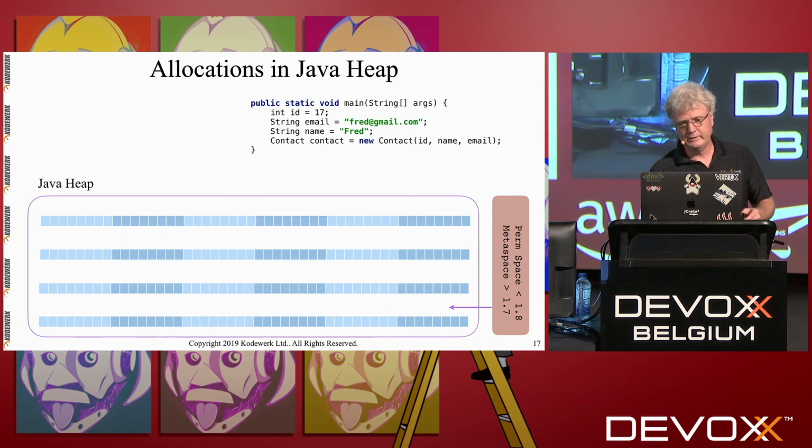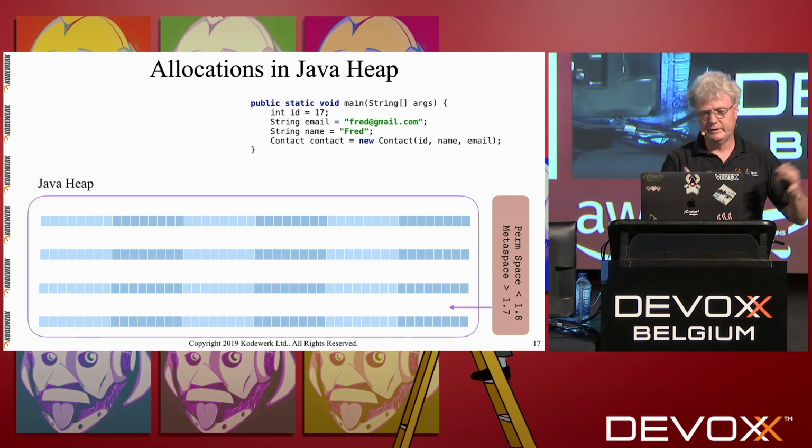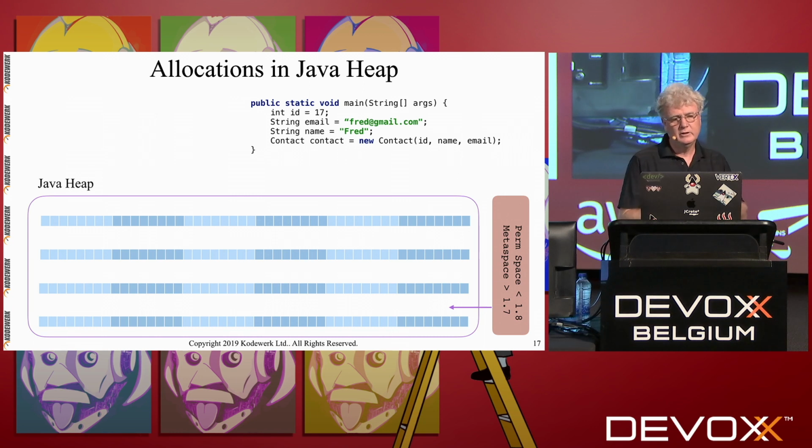The whole idea about perm space and metaspace is that when you load a class file up, the class file is going to get torn apart, and different parts of it are going to end up in different data structures. We have to understand the structure of the data that we're loading into memory when we're allocating it. That metadata is going to be loaded up into either perm space or metaspace, depending on which version of the JDK you're using, which is a good question to ask here.